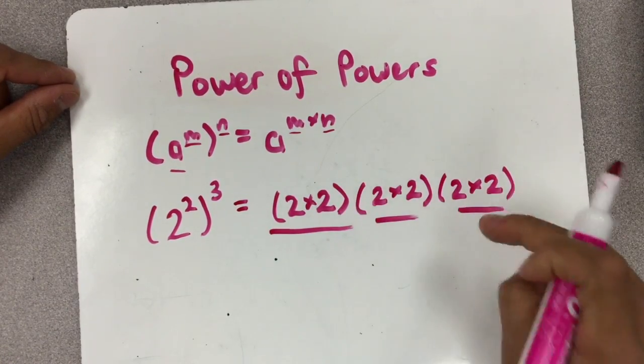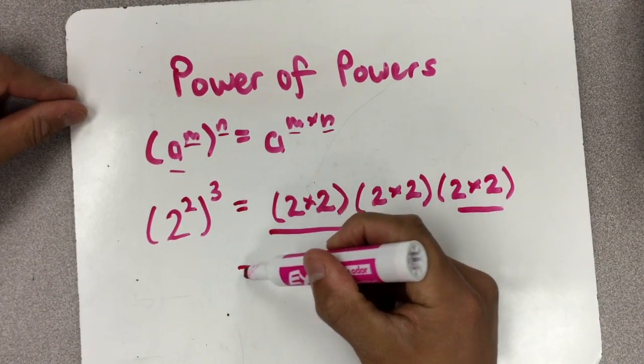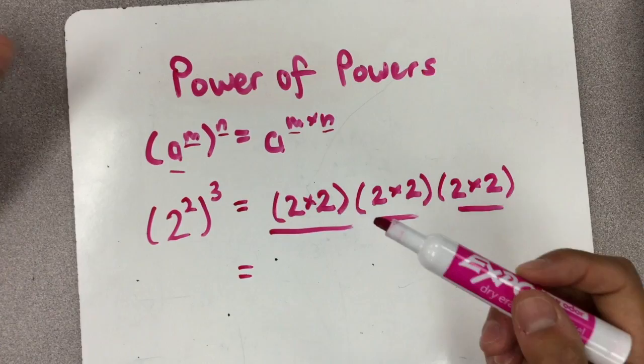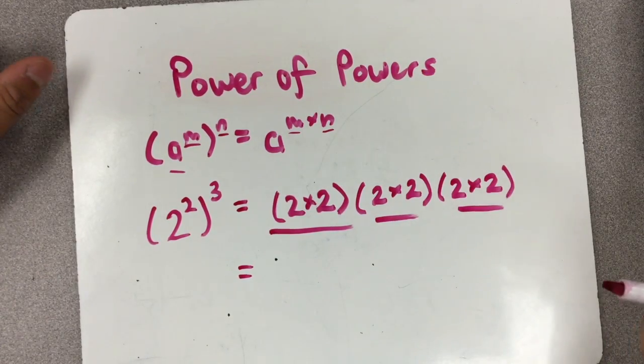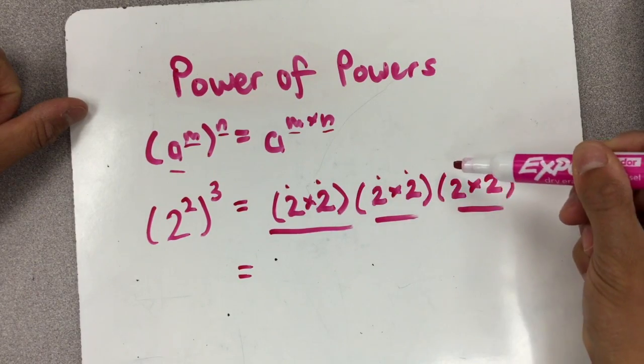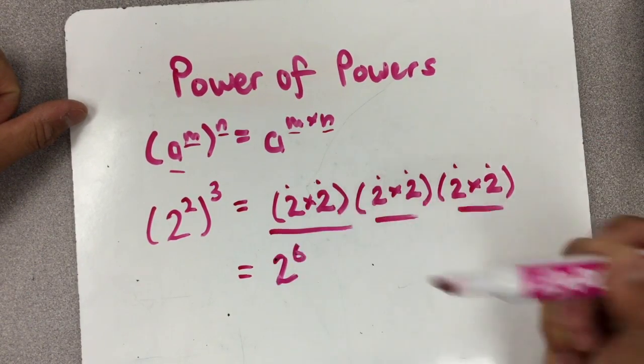So 1, 2, 3 2 squareds. If I have three 2 squareds, then what do I really have in terms of my repeated multiplication? Well, I have 1, 2, 3, 4, 5, 6. That's 2 to the power of 6.